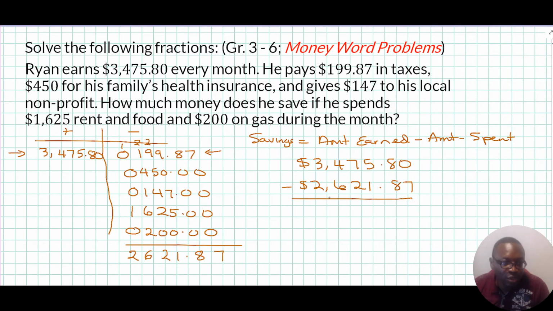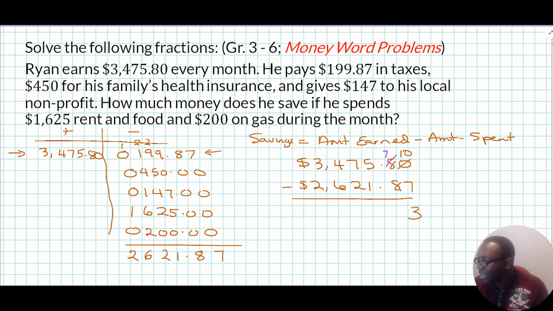This is what we're going to do to find out how much he has left at the end of the month. So 0 minus 7, we can't do that. So I'm going to go to 8 and borrow 1. 8 becomes 7, and the one we borrow becomes 10. 10 plus 0, we have 10. 10 minus 7, we have 3.